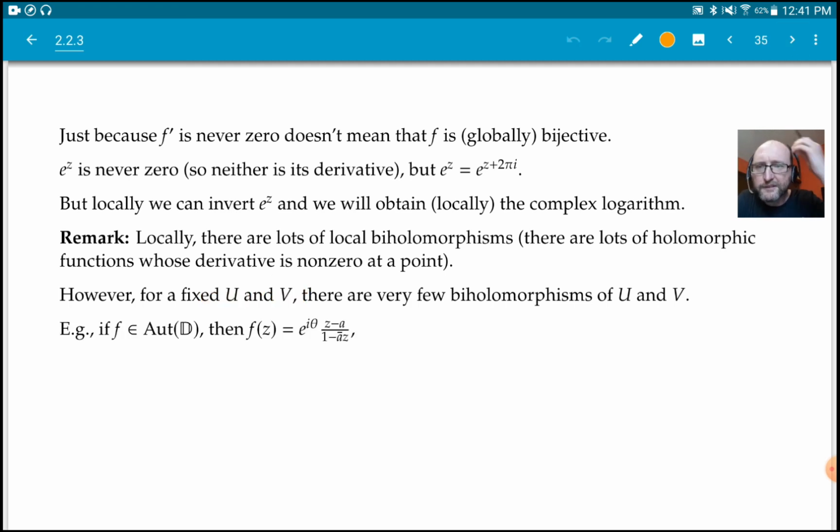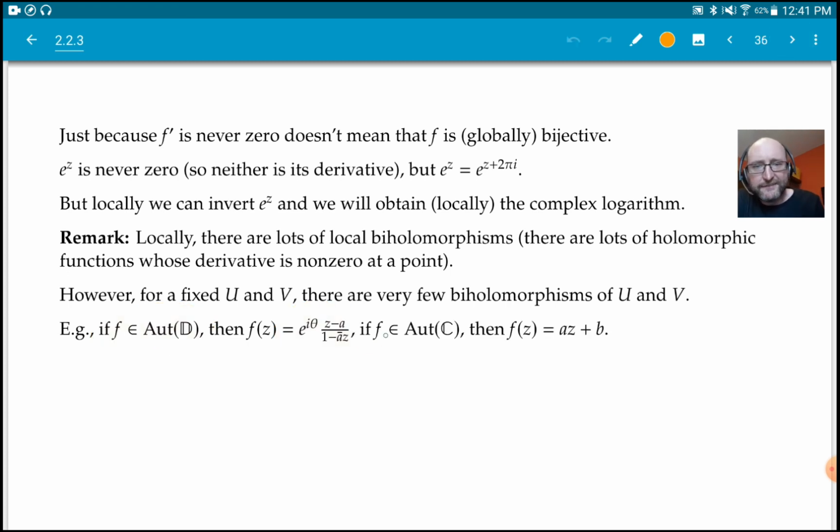For example, if both of them are D, and we'll prove this later on, if I have an automorphism of D, then it can always be written in this form, where theta is real and A is a number in the disk.